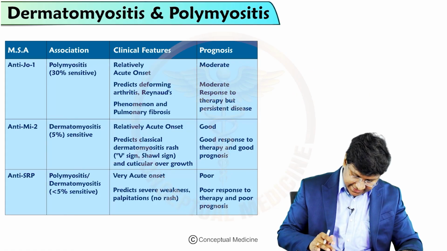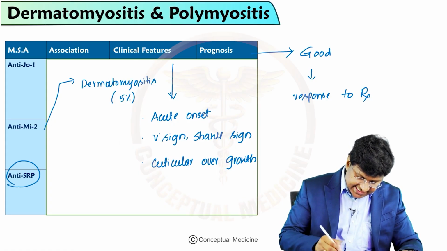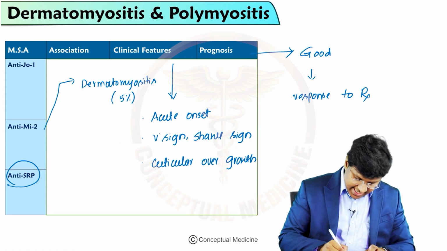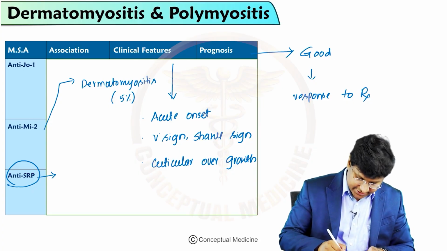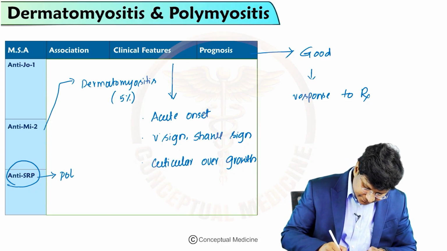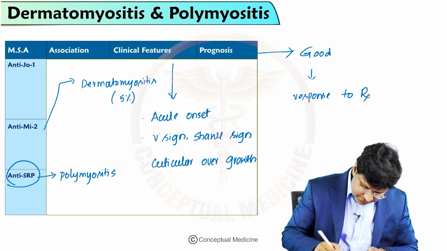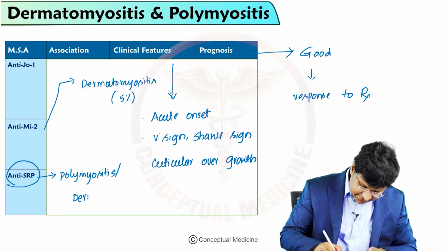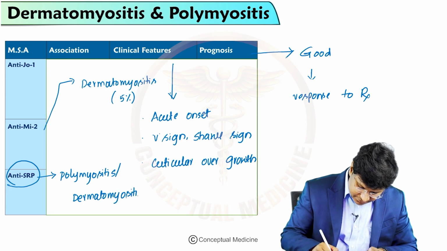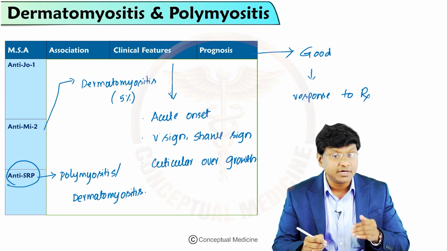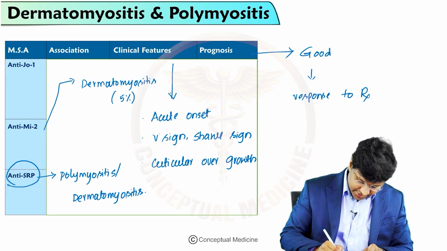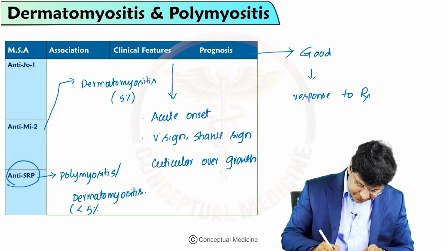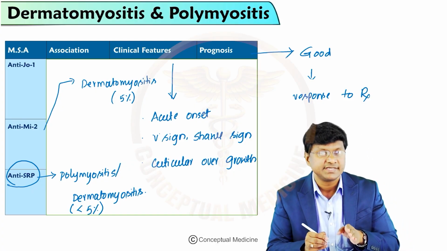Then, followed by that, you take the anti-SRP associated disorder. Anti-SRP associated disorder includes polymyositis or dermatomyositis, and it is less than 5% sensitive.